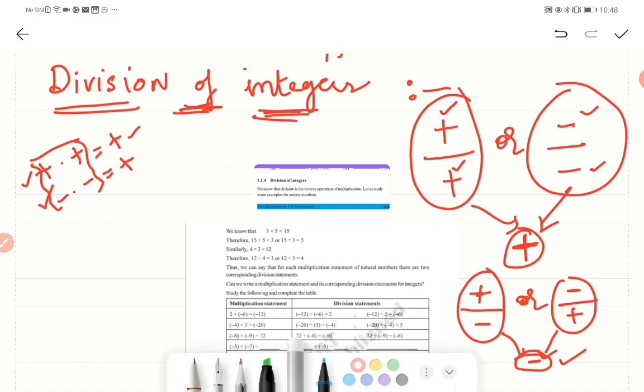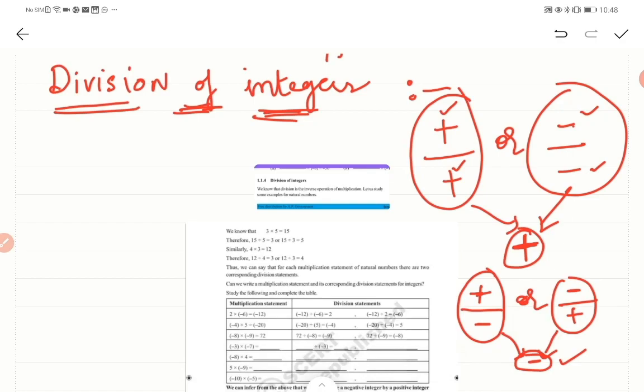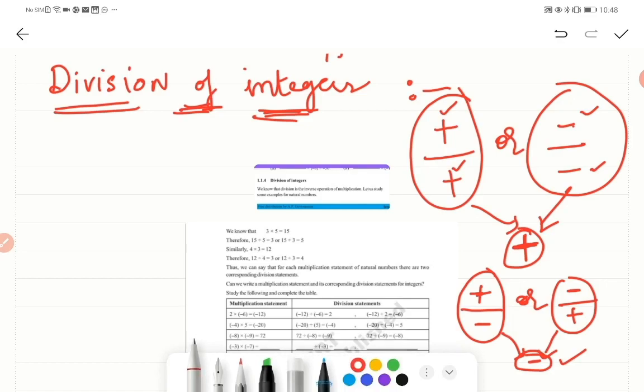We all know that division is just the inverse operation of multiplication, isn't it? Let's take one example. We have 3 cross 5, which is nothing but 5 threes are 15, isn't it?